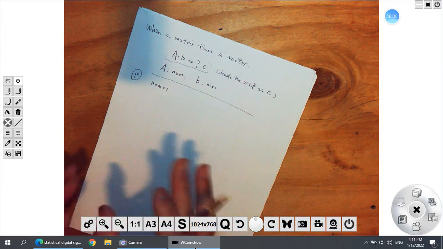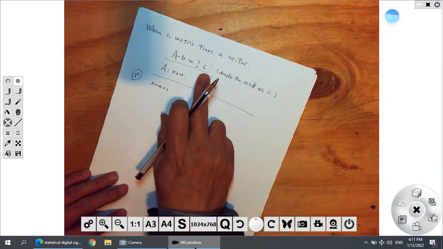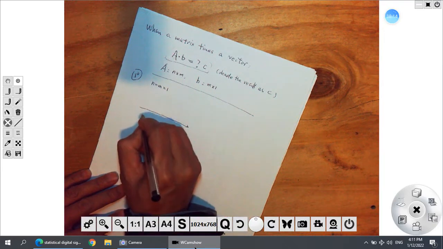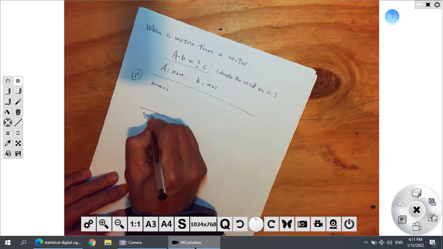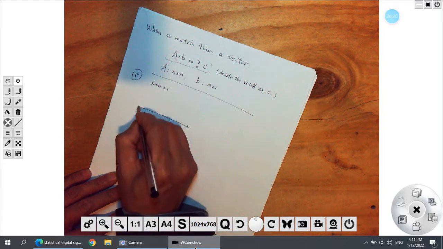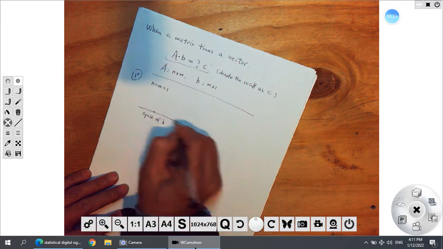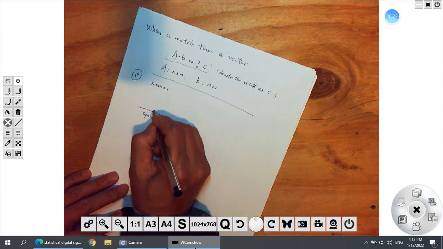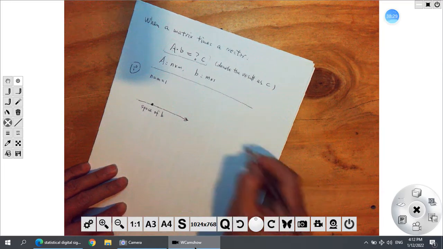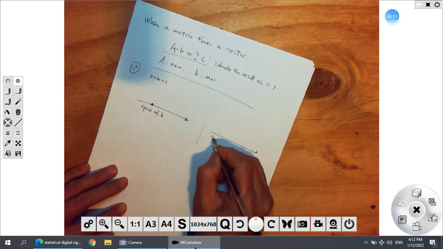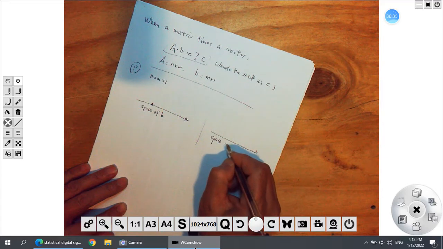We do this for all B's, and what will C be? The space of B is one dimensional. So B could be any number here, any real number, right? This is the space of B, and this side is the space of C.